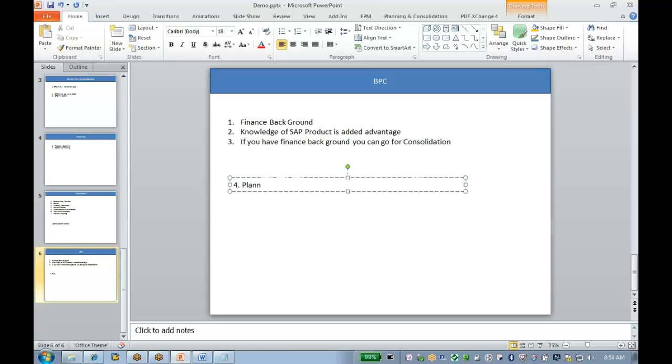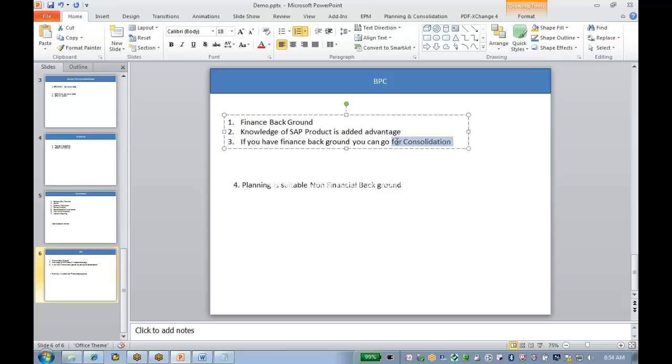Planning is suitable for non-financial background people. Even this planning requires some financial information, but that is minimal, like debit, credit, what is an income statement, simple. If you know those kinds of things, that is enough for planning. But if you go for consolidation, you should have strong financial knowledge.